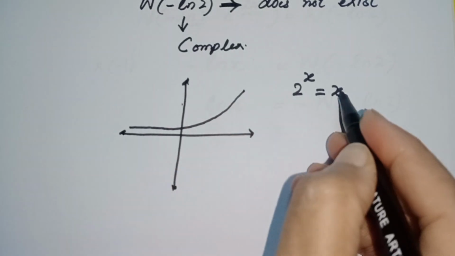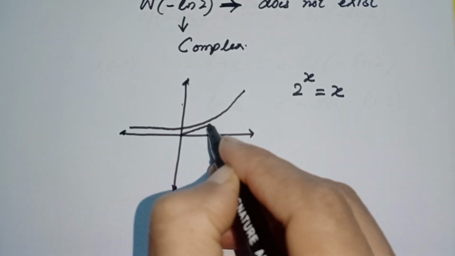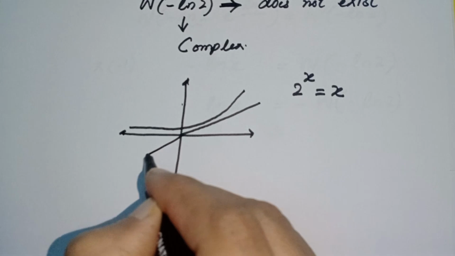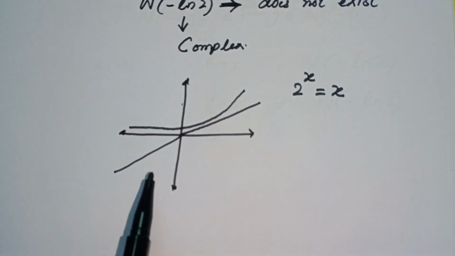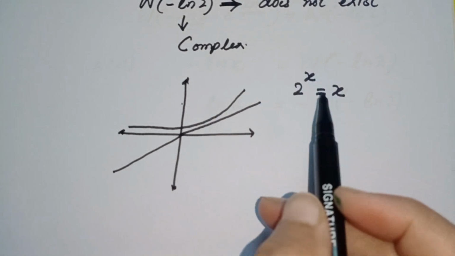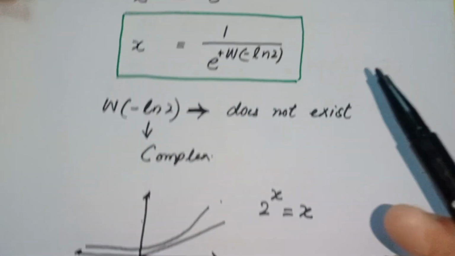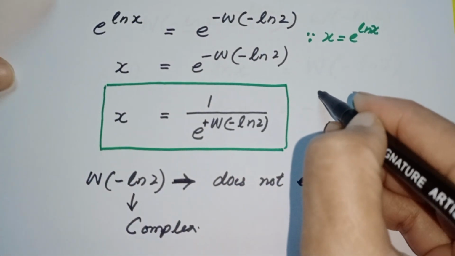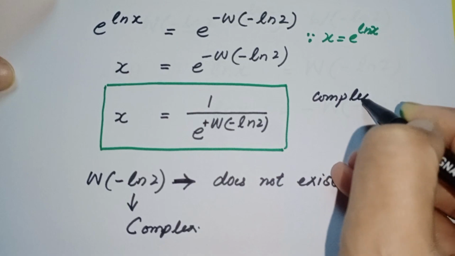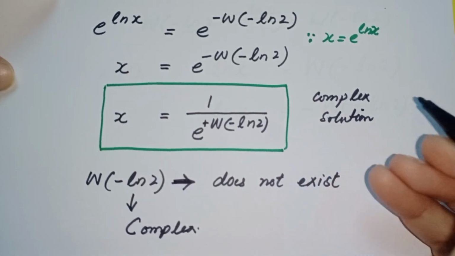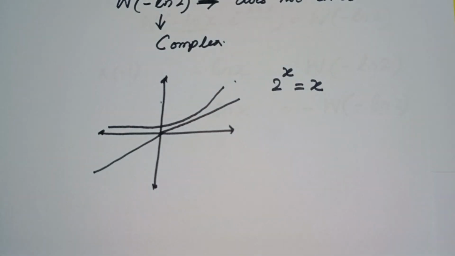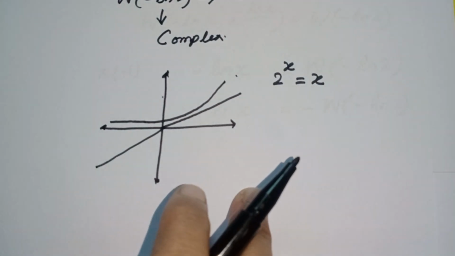And the other function is the linear function, so its graph is a straight line. We have seen that there is no point of intersection. So we have no point of intersection and the value of x is not a real value, it is a complex value. So we have a complex solution.